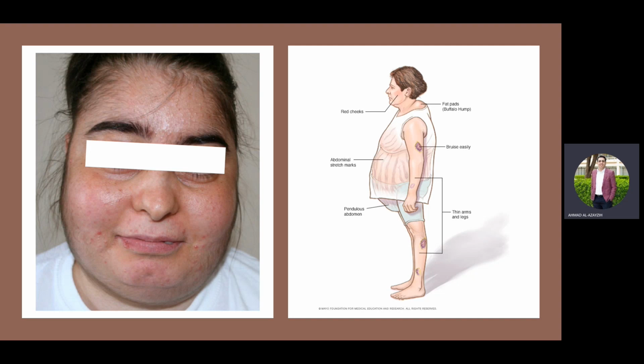Easy bruising. Abdominal stretch marks and a pendulous abdomen. In general, the lower part is very thin, while here we have central obesity and buffalo hump, etc. So that will tell you the patient may be suffering from Cushing syndrome or Cushing disease.